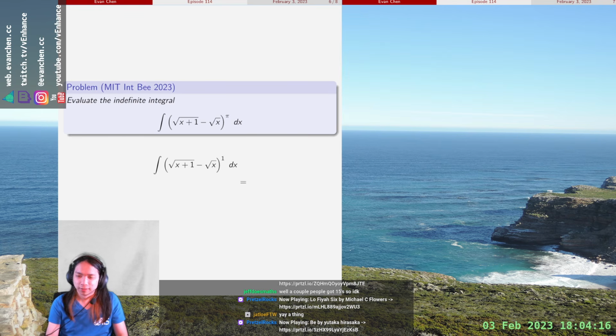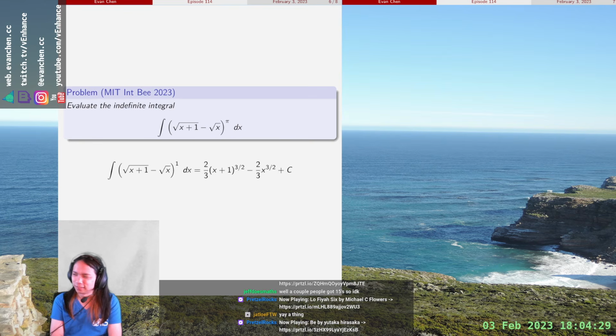Okay. And then 2/3 (x plus 1) to the 3/2. Okay, and this is as good as it's got. I'm not missing a different way to write this, I hope? But I feel like that's just what it is at that point. Is that true?